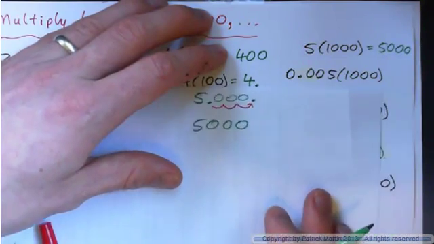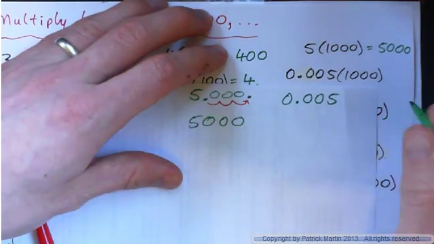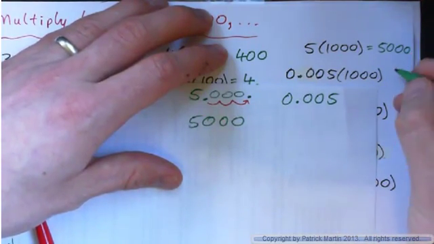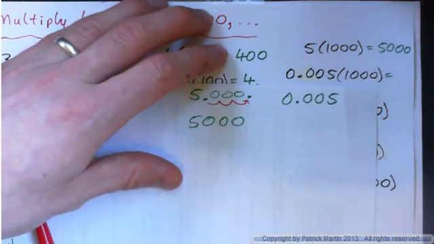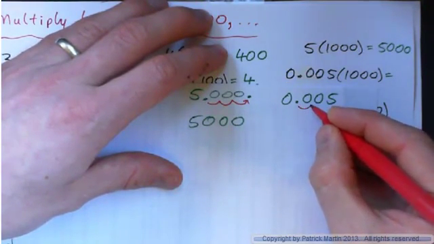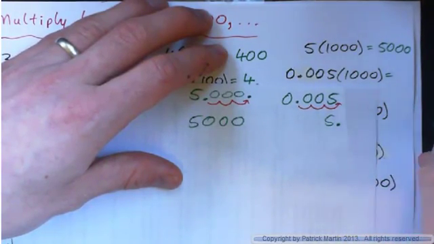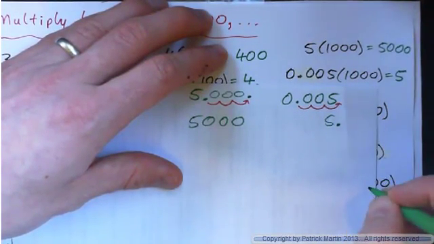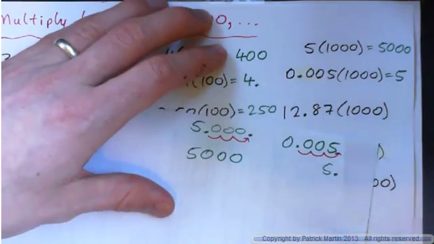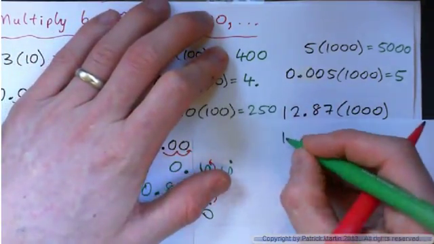So what are you going to do with this? You're starting with 0.005, you're timesing it by 1,000. What are you going to get? Times by 1,000, skip the decimal place 3 places to the right, and that's 5 point whatever, or just the number 5. Okay. So what about this? 12.87 times 1,000.